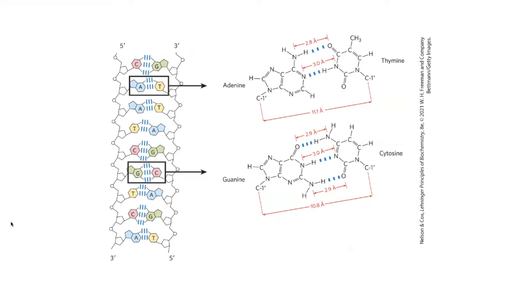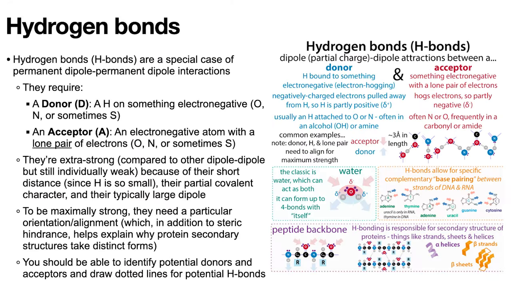Also, although these hydrogen bonds aren't the key force of the binding, they actually do offer more stability than we would see with other types of hydrogen bonds. This is because they're optimally arranged. They're oriented in ideal positions. So remember, we wanted to have that linear arrangement of our donor and our acceptor and that short distance.